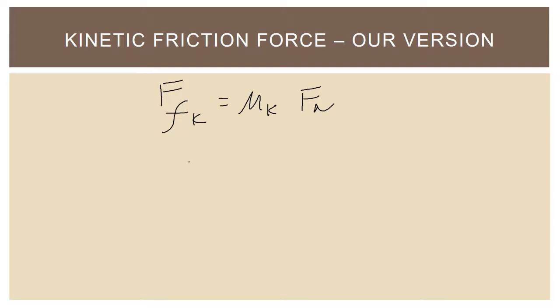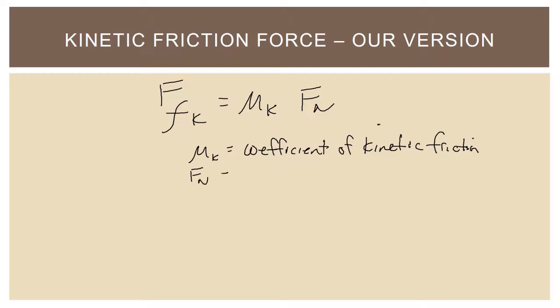where mu k is the coefficient of kinetic friction, which is a different number. You can also see those in that chart. F with the subscript n is the normal force.